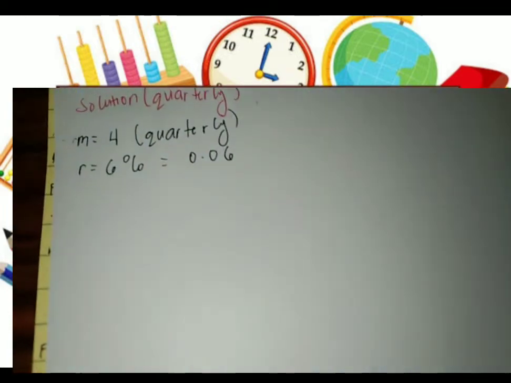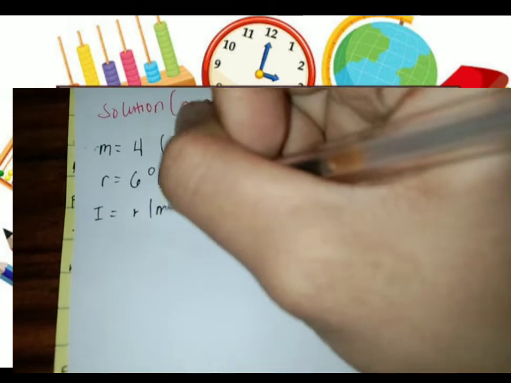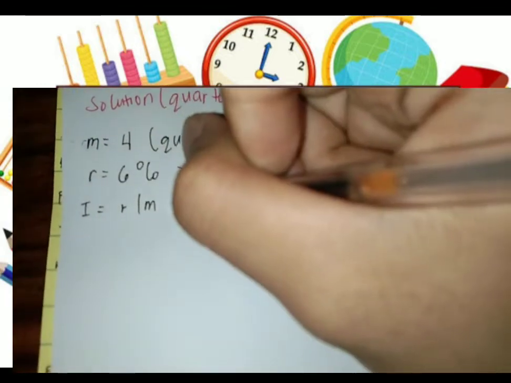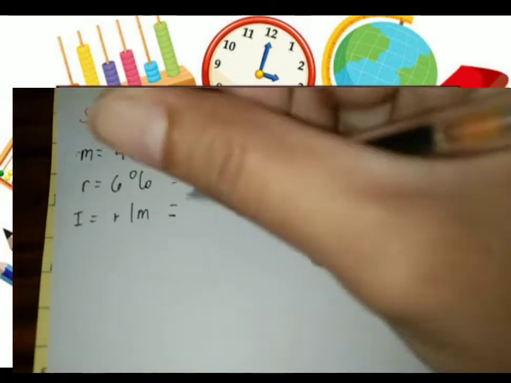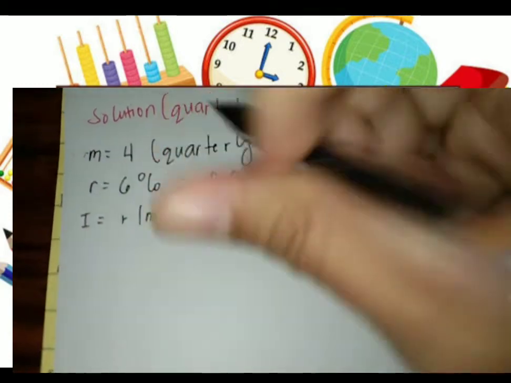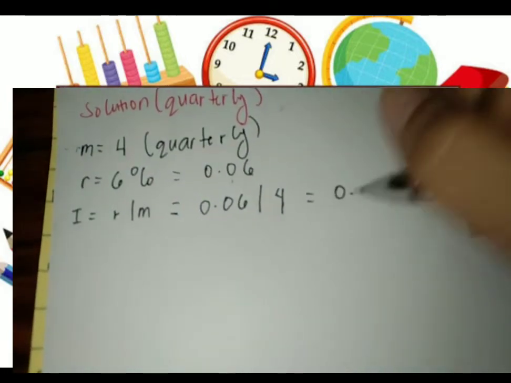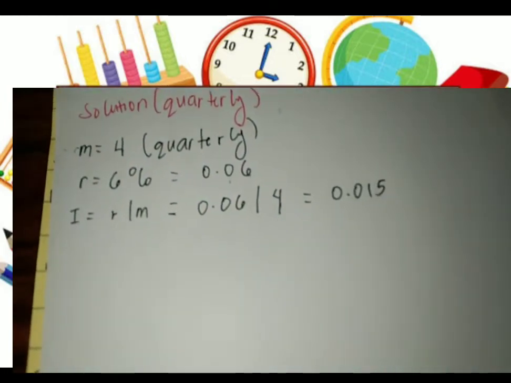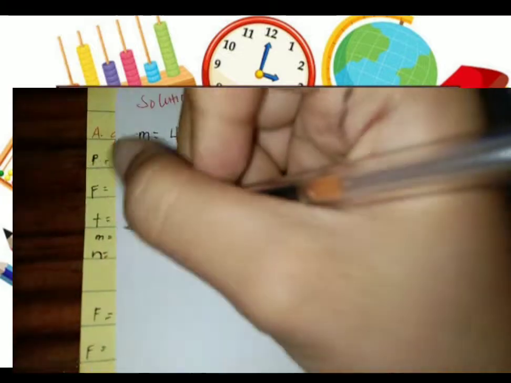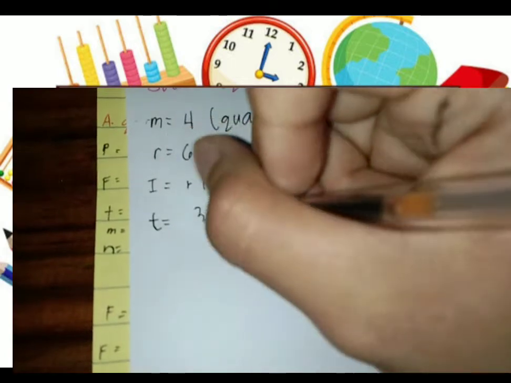So our I is R divided by M. Our R or rate is 0.06 divided by our M, 4. So the answer is 0.015. The time is 3 years.